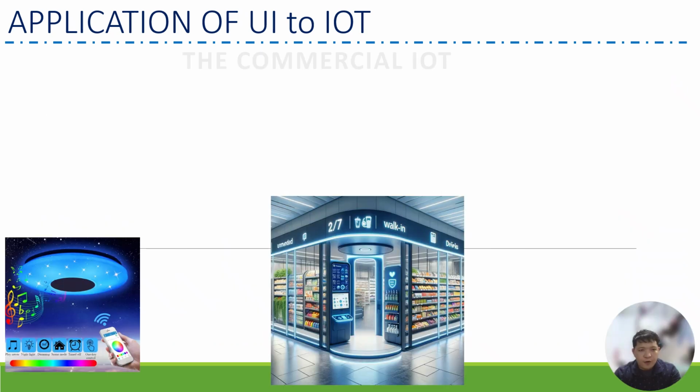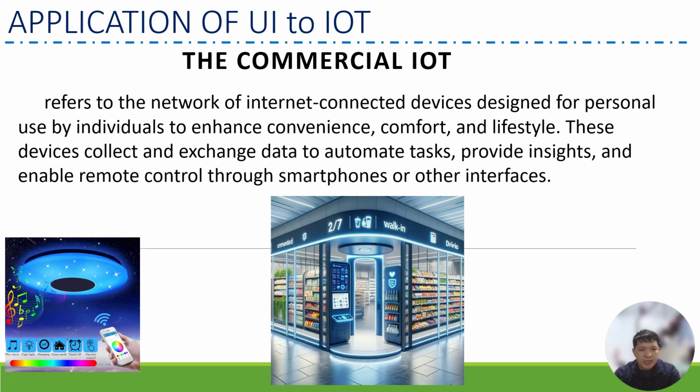Next is the application for commercial IoT, which refers to the network of internet-connected devices designed for personal use by individuals, right, to enhance convenience, comfort, and lifestyle. As we can see in the example of the consumer IoT, we can easily access the smart retail store.